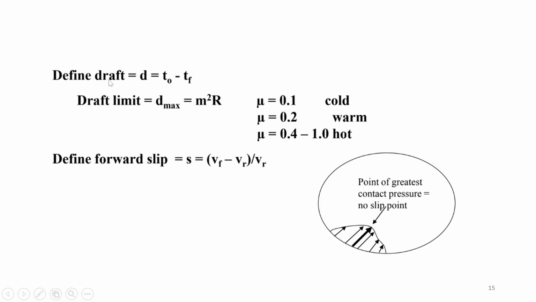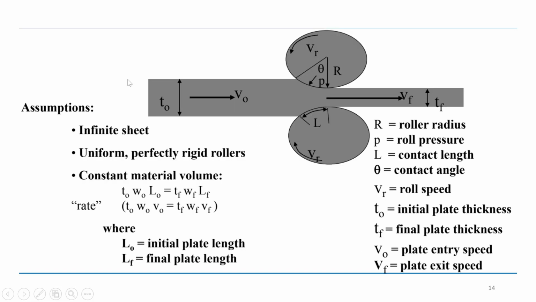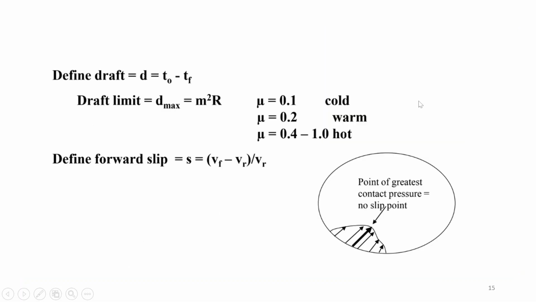Now draft is defined as the reduction in thickness. So here T naught and Tf, the difference in these will be your draft, and the maximum draft, or draft limit, is given as mu square R. Mu will be around 0.1 for cold rolling, 0.2 for warm working and 0.4 to 1 for hot working.